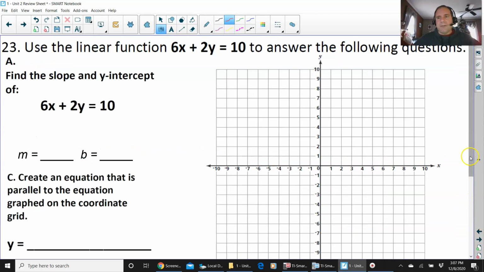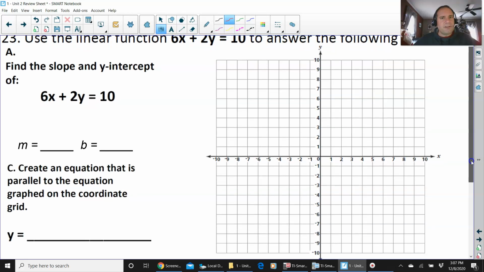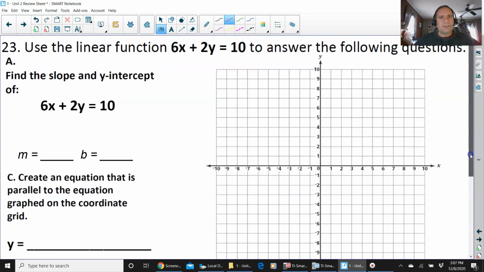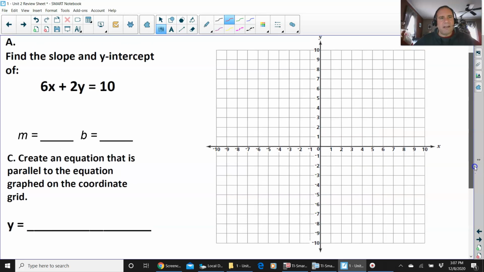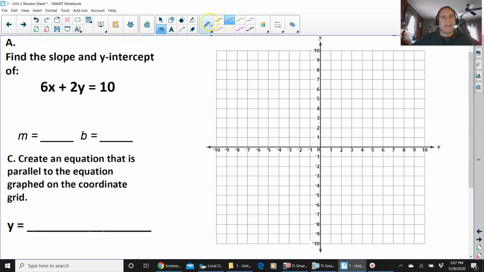All right, number 23, use the linear function 6x plus 2y equals 10 to answer the following questions. Find the slope and y-intercept. So let's go ahead again and solve. This is not in y equals mx plus b. We need it in y equals mx plus b. Go ahead and solve. Minus 6x, minus 6x.